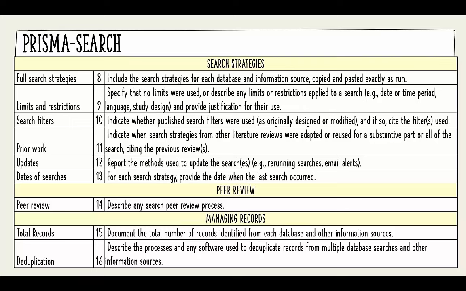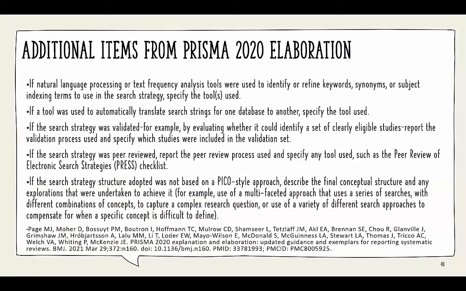Things like that. And then the last part is getting into managing the records. So talking about what deduplication process was done, things like that. And I know this is a lot of information I'm going through here. I'm trying to highlight these things and of course give you the tools so that you can look back on these.